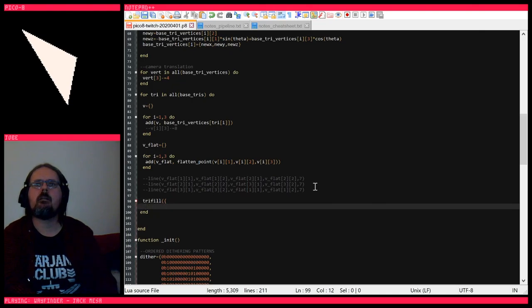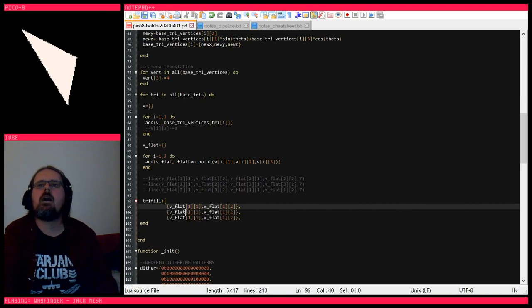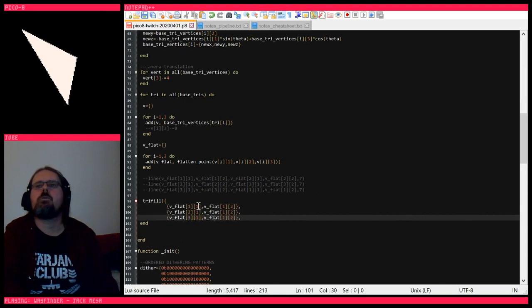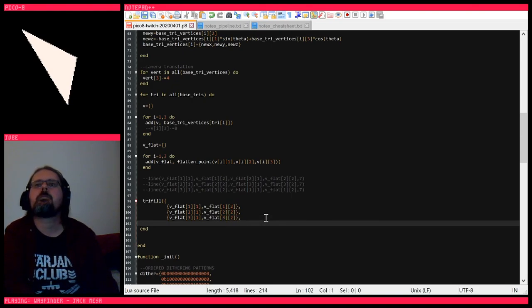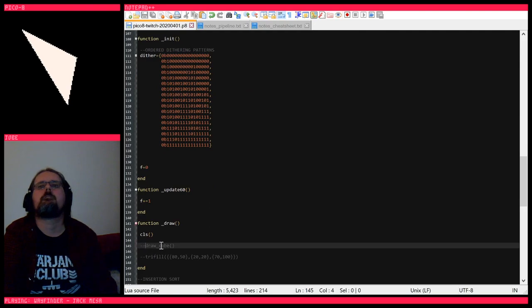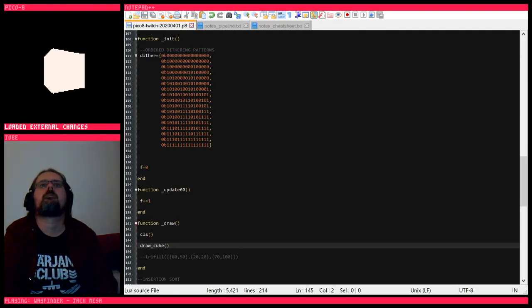So the first, so B flat 1, B 1 1 the X, and B flat 1 2 the Y, and then 2 and 3, 2 and 3, and no wait, and did we do that correctly? Let's see. Yes, we have a rotating cube.